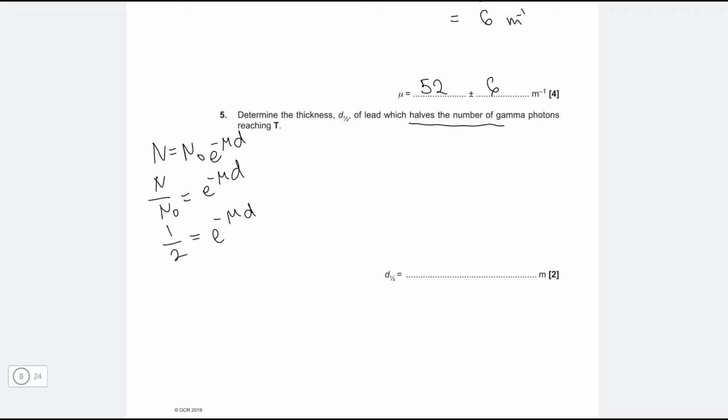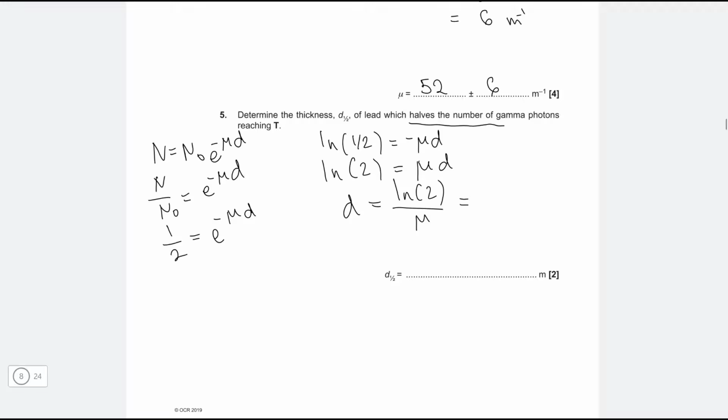Now let's start taking some logs. So what I'm going to do is ln of a half, like so, is equal to minus mu d. Let's flip the logarithm. So I'm going to get ln of 2 is equal to mu multiplied by d, which means that our distance d will be equal to ln of 2 divided by mu, which we've already found in the previous question to be 52.